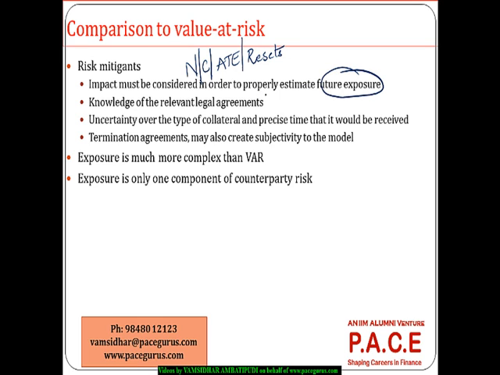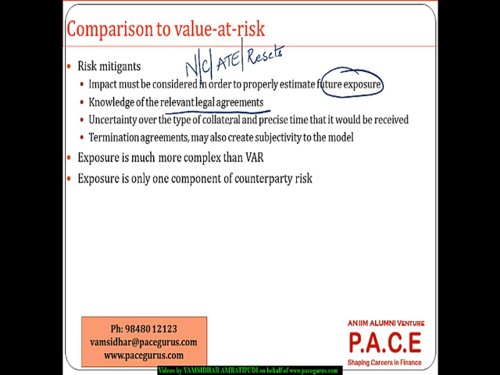Along with that, relevant legal agreements also need to be understood. The type of collateral, right? What are the different types, whether it is a security or cash, or what is that type of collateral? How is it going to fluctuate in the future? When is it going to be received?